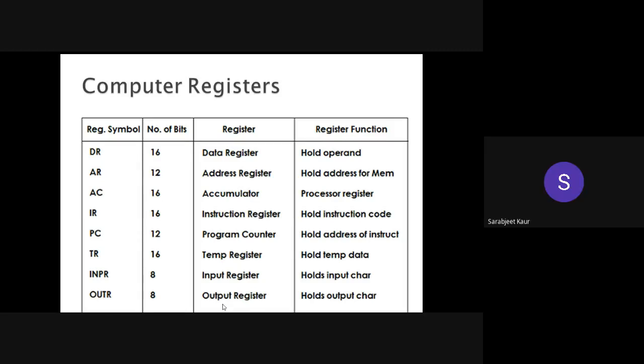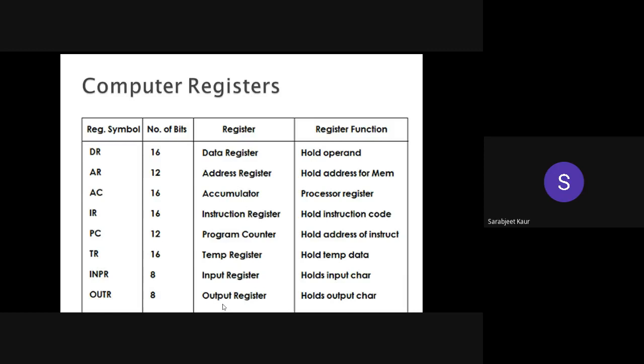So whatever output has to be passed on to an output device is first put in the output register, byte by byte or character by character in our case, because again the length of the output register is just 8 bits. From there it is passed on to the output device. Is this clear? The functions of all the registers are clear? Yes, ma'am. Okay.